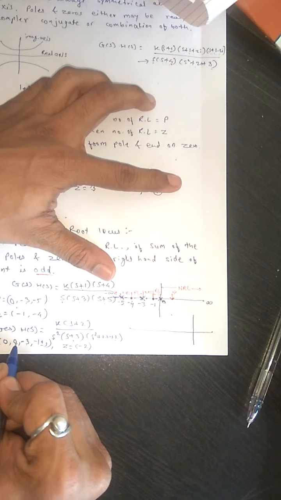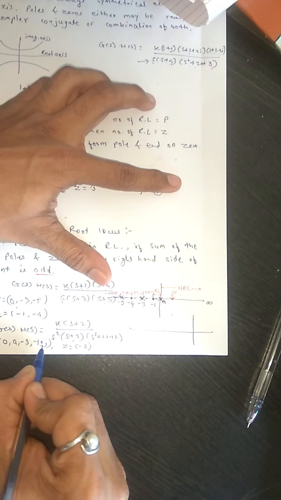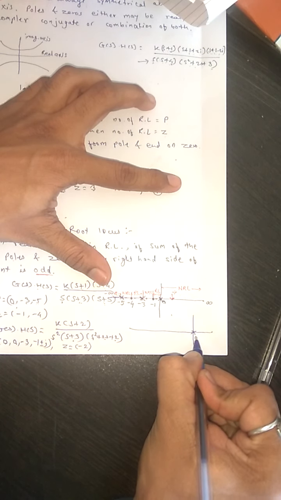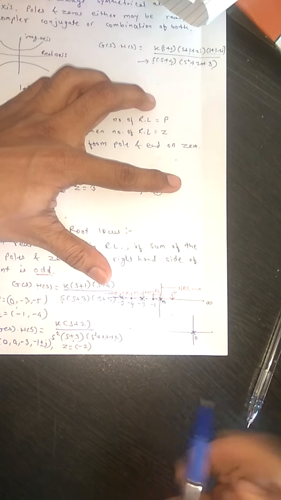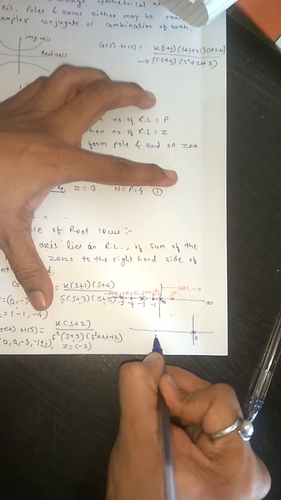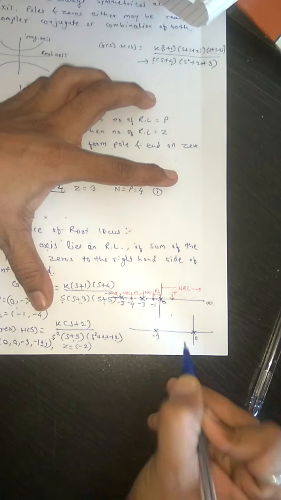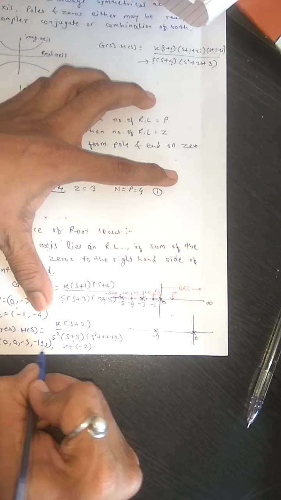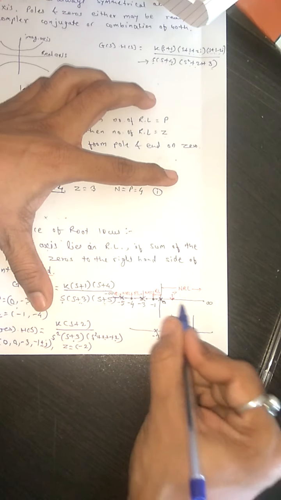So I'm plotting all these values. Poles 0, 0, -3 and -1 plus minus J. On 0, 0 position we have 2 poles. Okay, keep in mind. Then -3, then -1 plus J. So -1, this value will be plotted in the imaginary axis here or here.